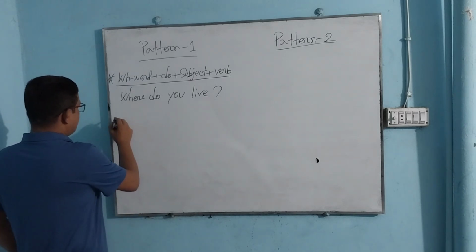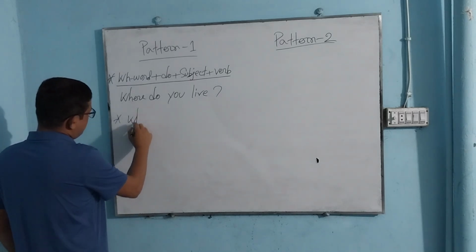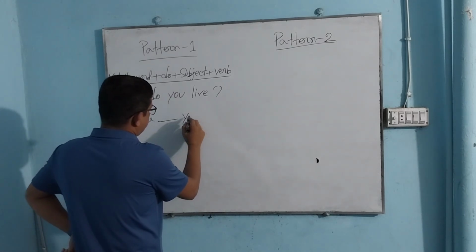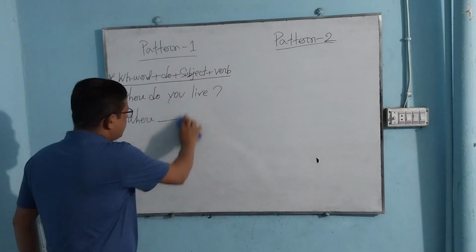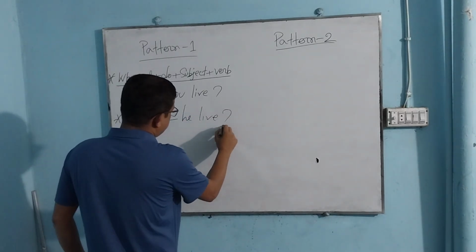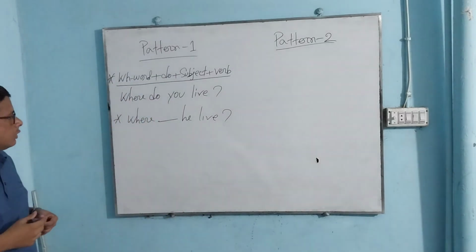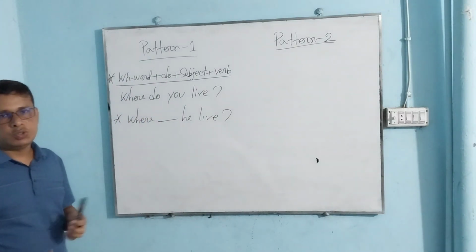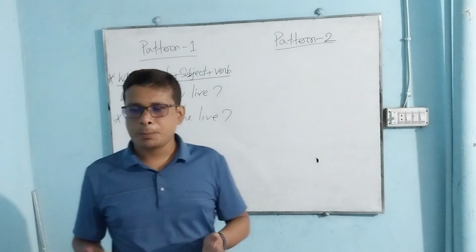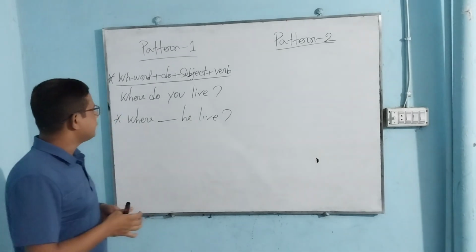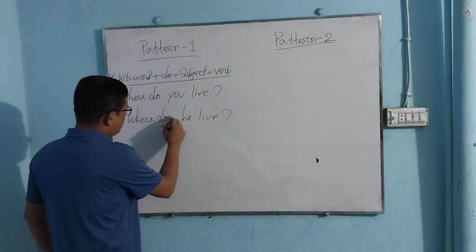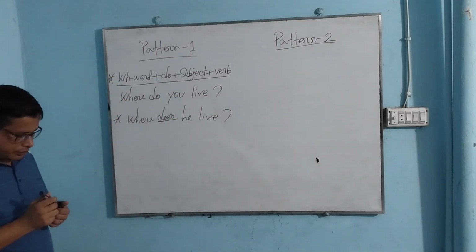Here, make a note. Suppose, where dash he live. Tell me, what should we use here? Do or does? Who can say? Anybody else? Okay. Look at me. Here we have to use does. Where does he live?